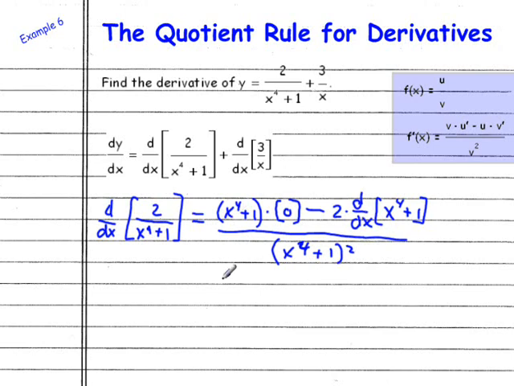Now we look in the numerator and we see that we can write this x to the 4th plus 1 times 0. Well, it doesn't matter. Any expression times 0 would be 0. And so our numerator will simply be this negative 2, or a 0, we'll go ahead and write, minus 2 times the derivative of x to the 4th plus 1. And of course that derivative is simply 4x cubed.